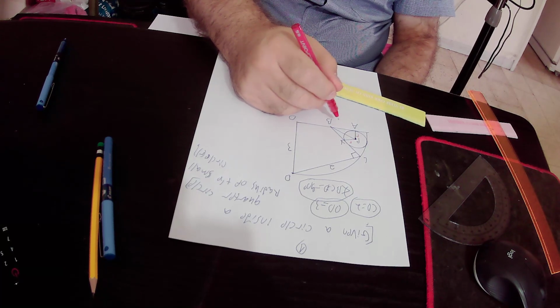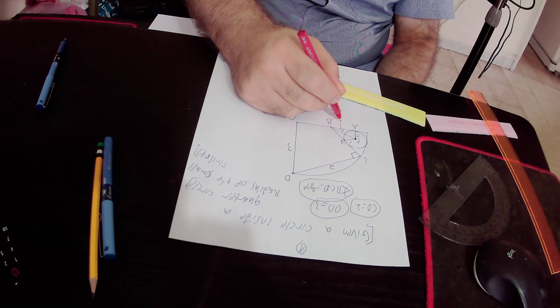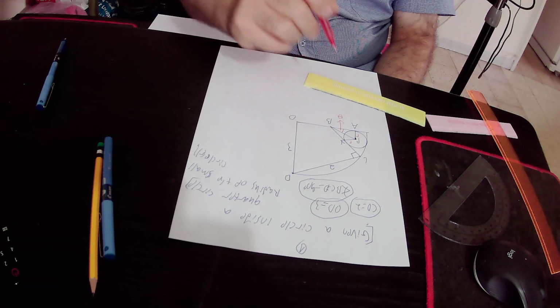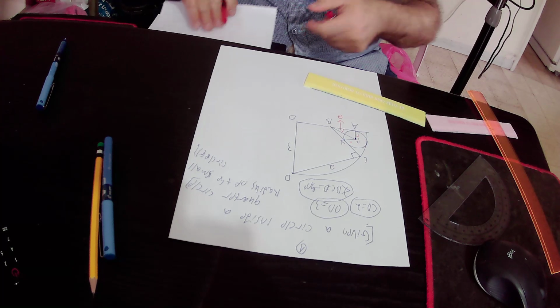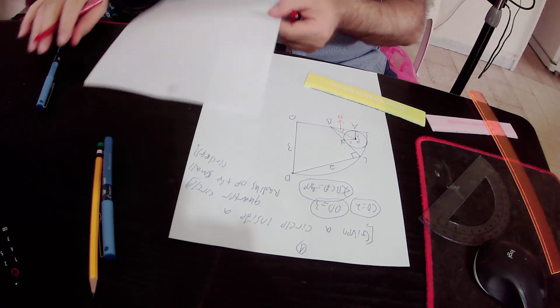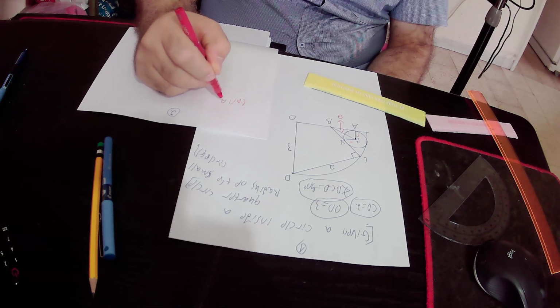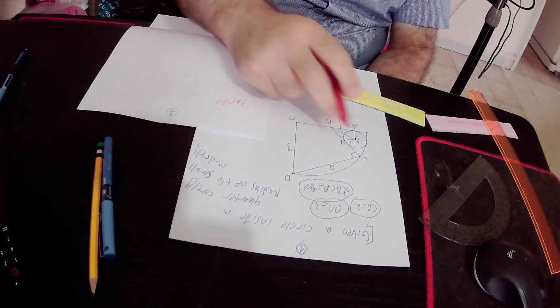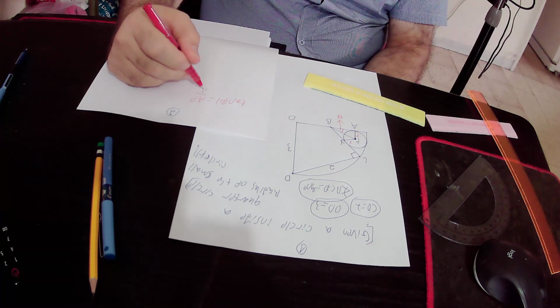And this angle ABP will be defined as angle theta. Actually, tangent theta equals AP over AB.